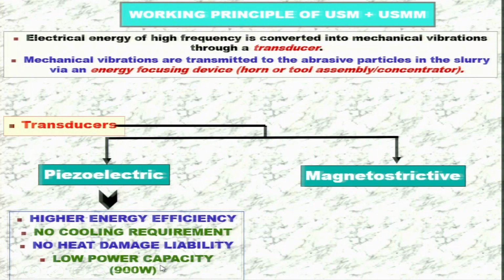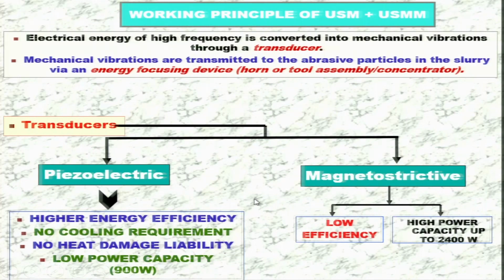This is the main reason there is no damage and no cooling required, because the power obtained from a piezoelectric transducer is comparatively low. But in the case of the magnetostrictive type of transducer, you have low efficiency and high power capacity. It can give you as high as 2400 watts or even more than that.